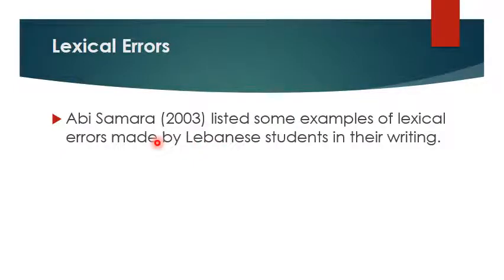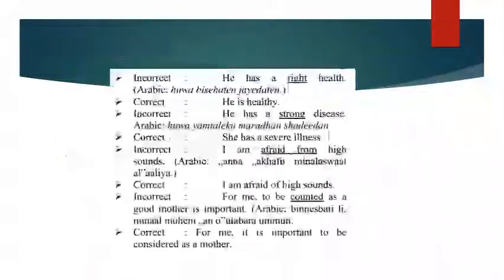As I told you before, this study or this research is based on real subjects, okay, or real errors extracted from real learners, English language learners, Arab speakers who are trying to learn English language. So the errors are authentic, okay. These errors, lexical errors made by Lebanese students in their writing. Have a look at some examples.